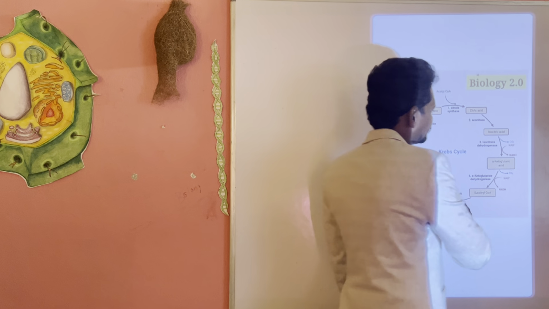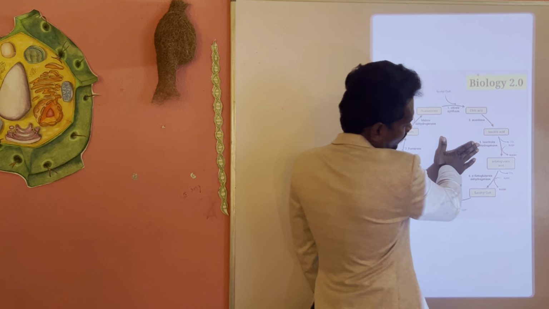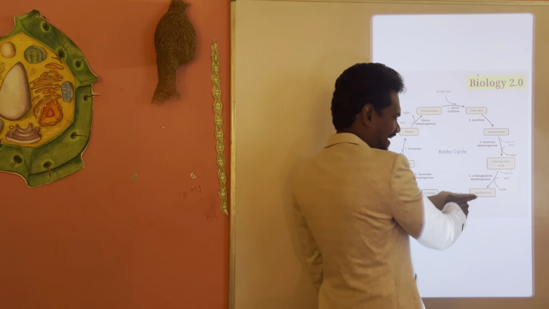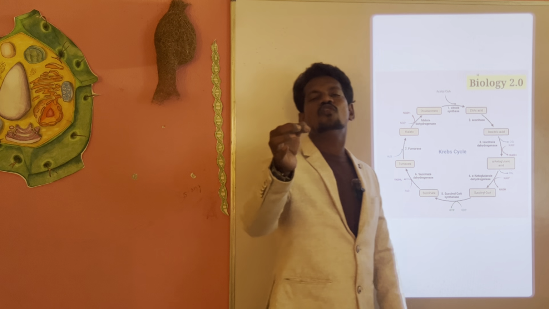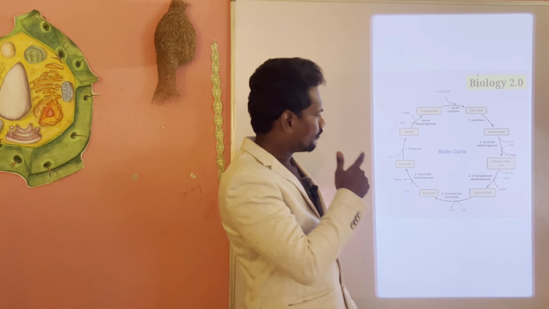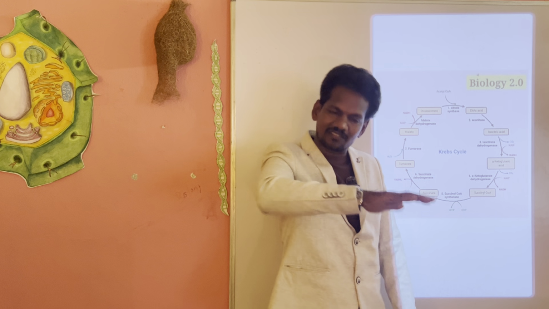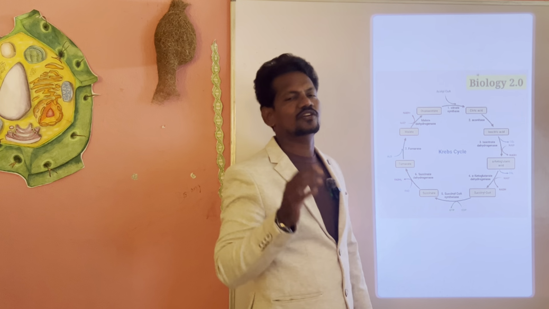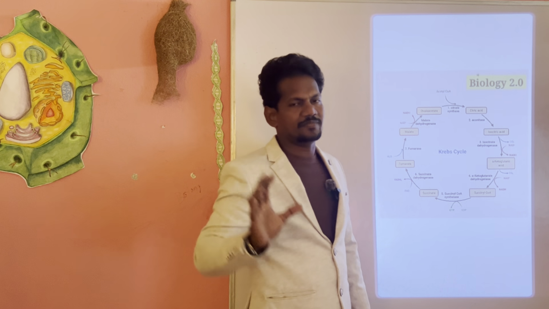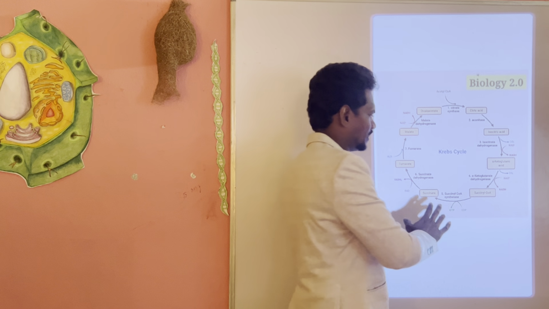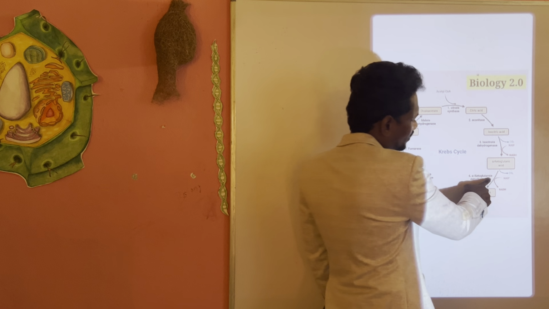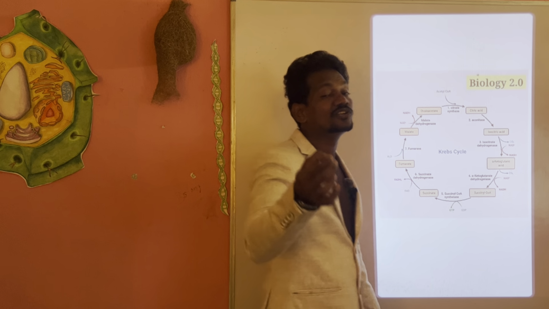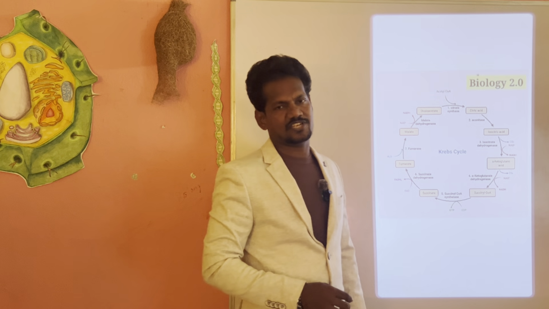The next step: alpha ketoglutaric acid is again converted into succinyl CoA, coenzyme A. The enzyme involved is alpha ketoglutarate dehydrogenase, the fourth enzyme.